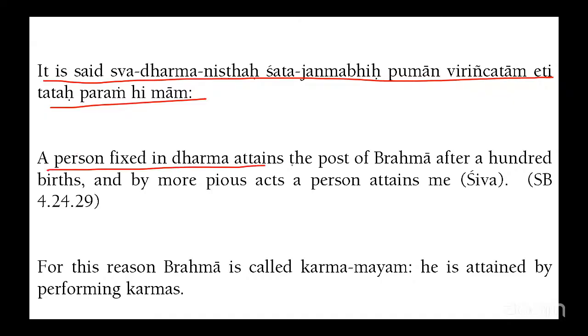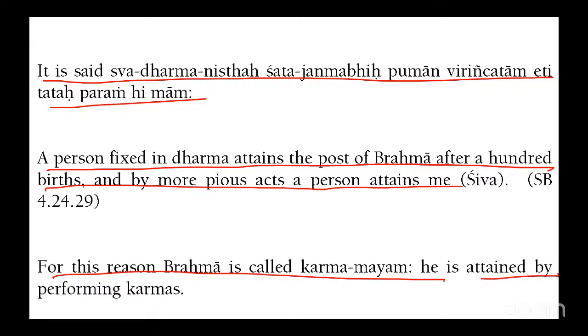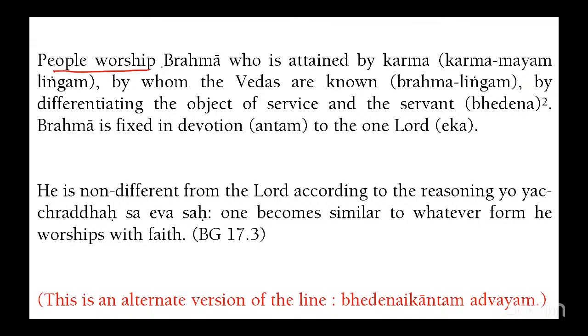A person fixed in Dharma attains the post of Brahma after 100 births, and by more pious acts he attained Lord Shiva or his abode. For this reason, Brahma is called Karmamayam. He is attained by performing karmas. People worship Brahma, who is attained by karma, by whom the Vedas are known. Because from his mouth the Vedas come out.